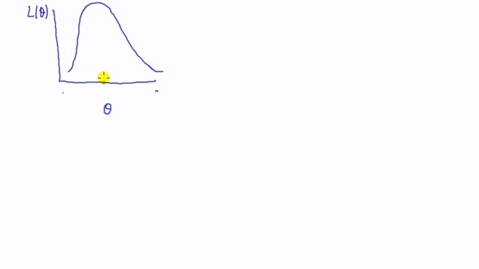So in this case, our solution would be about here, because at this point, this function is maximized. How do you find that point? From high school maths, we know that all we have to do is find the stationary or turning point. So find the derivative of the likelihood with respect to the parameter, set it to 0 and solve, and that gives us the point right here.